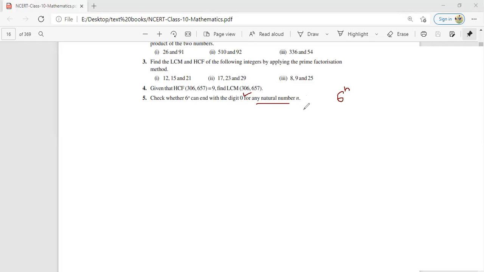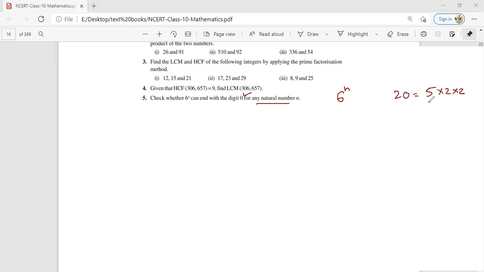If a number ends with 0, suppose 20, you can write it as 5 into 2 into 2. So any number which is ending with 0 must have 5 as a prime factor.